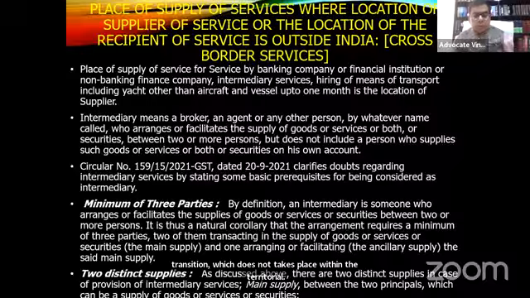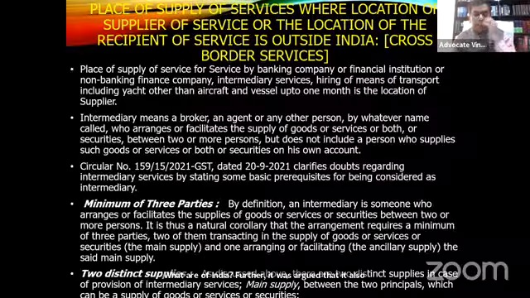Further, it was argued that it also violates Article 14 because for similarly situated persons, for example, if one is providing a management consultancy service, then one will not be liable to pay any tax. But if one is performing intermediary service, then one is liable to pay tax. The Honorable Gujarat High Court considered all the contentions and rejected the arguments of the petitioner.